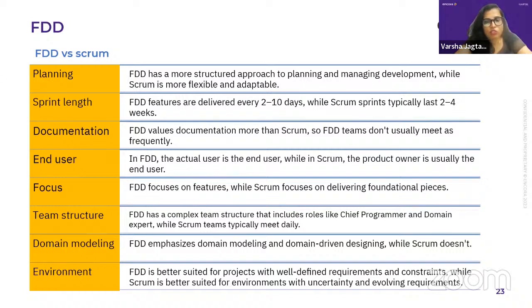Documentation. FDD values documentation more than Scrum. So FDD teams don't usually meet as frequently. Okay, here it has already been said. So when I compare FDD, Scrum, XP, I would say FDD is very high on documentation. In fact, it starts with the documentation, and that's how it has been recommended for complex projects, where whatever time we have invested in documentation would matter more than in Scrum.